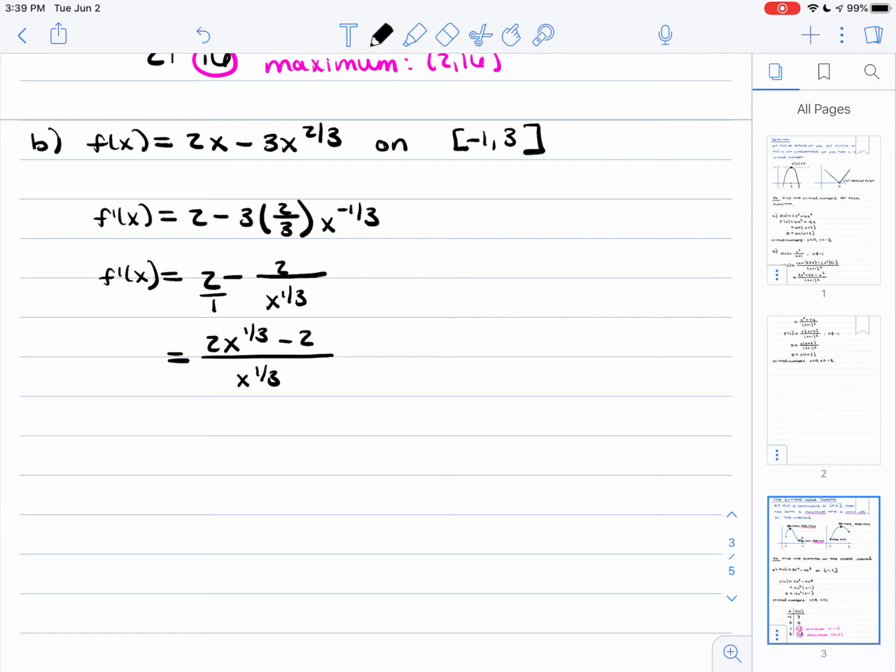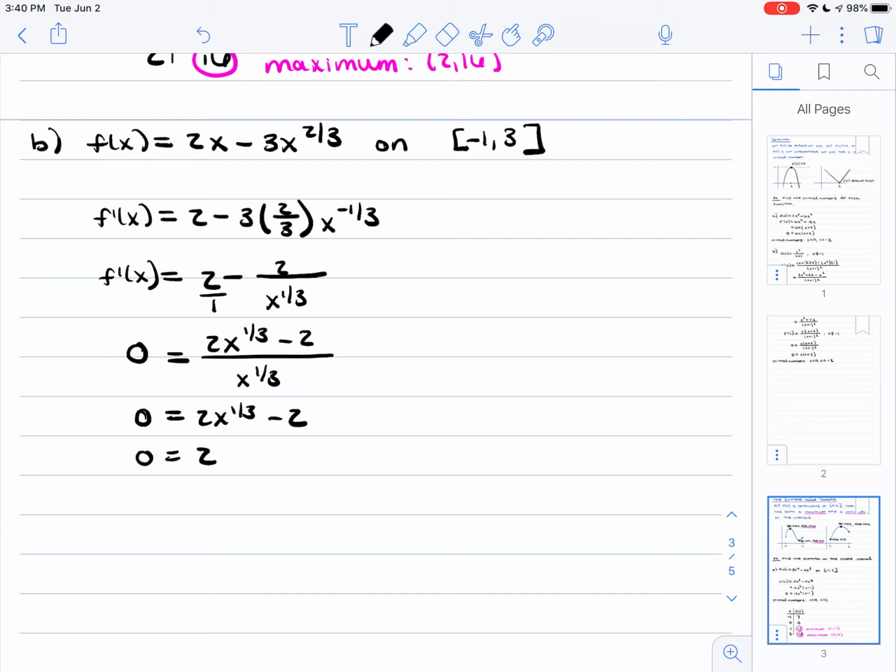Okay, so then we want to think about our critical numbers. So remember, for that, we want to think about both where our derivative is equal to 0, as well as where our function is not differentiable. So if we go ahead and set this equal to 0, remember that's really just the same as setting the numerator equal to 0.